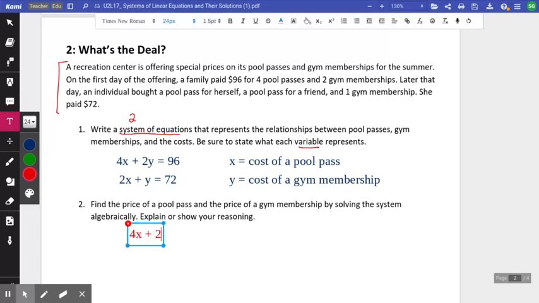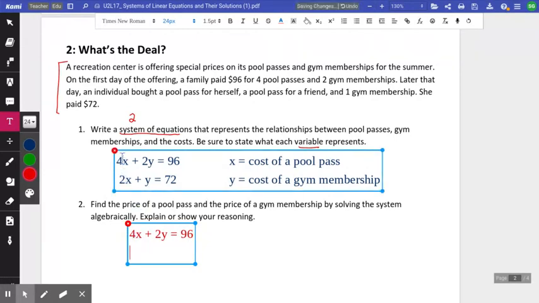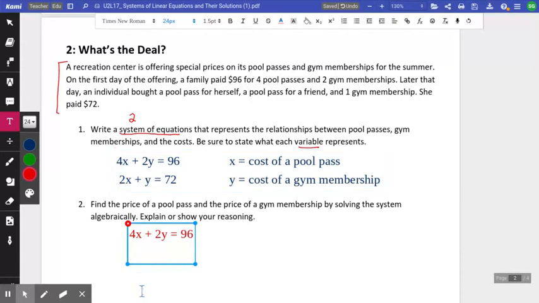I've got my 4x plus 2y equals 96. To get something to eliminate, let's get x to eliminate. And for x to eliminate, I'm going to need to change that 2x to a 4x so that they're the same and I can subtract. It means I need to multiply that second equation by 2. So let me do that.